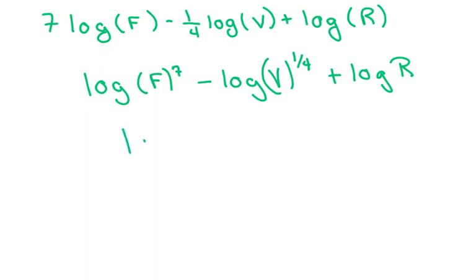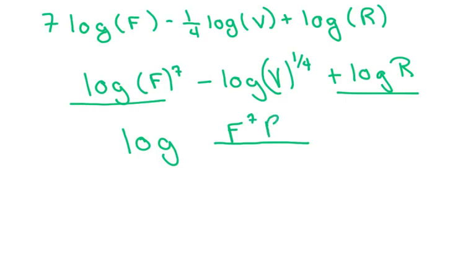So I'm going to write 1 log. I'm going to draw my line. If it's positive, like these two are the positive ones, so it's going to be f to the 7th times r. This one is negative, so that goes in the denominator, and it's to the 1/4, so that's the 4th root of v. And that's all.